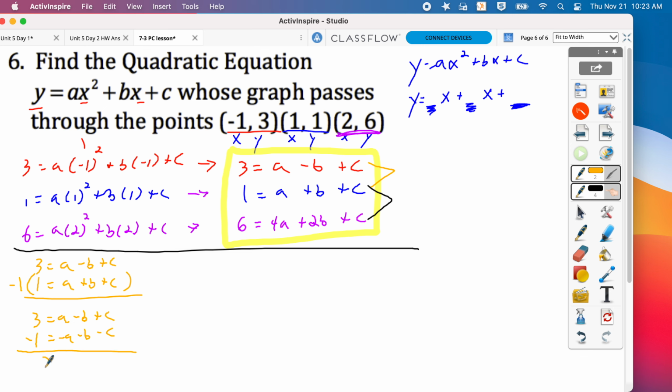And I think this works out good for me because my a's cancel, my c's cancel, giving me a b that equals -1. That doesn't do me any good right now because I don't have anywhere I can substitute that in to find what else I need. All right, so let's do the bottom two equations.